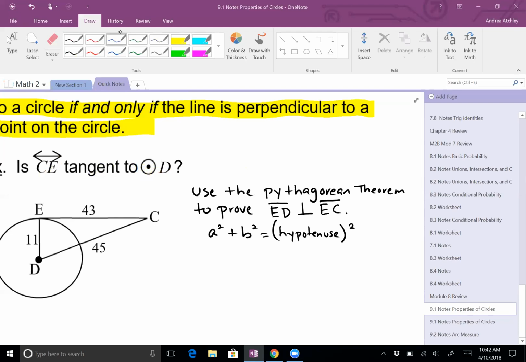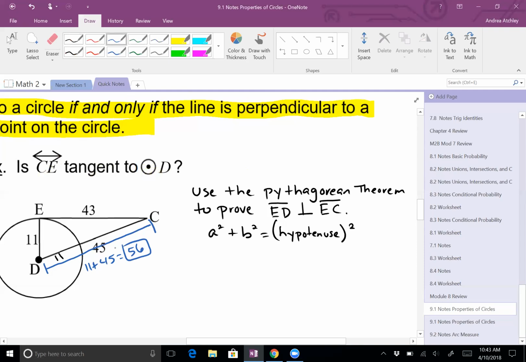In order to do that, I need to find the hypotenuse. I need to know this whole side. That's 45 and this is 11, because all radii in a circle are congruent. So if this is 11, this is a radius, then this has to be 11 as well. So that whole side is 11 plus 45, which equals 56. Does that make sense?